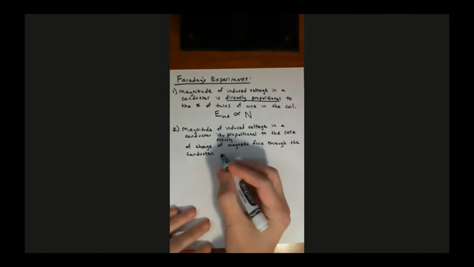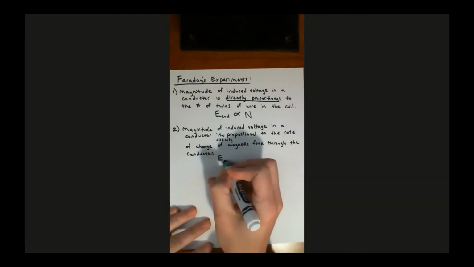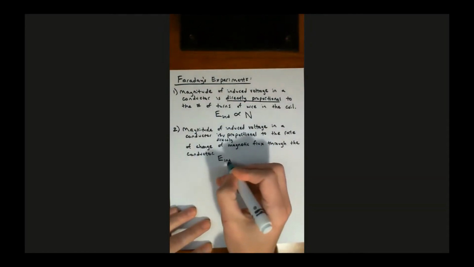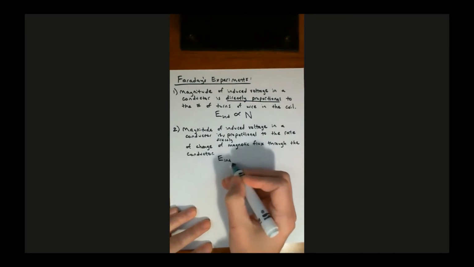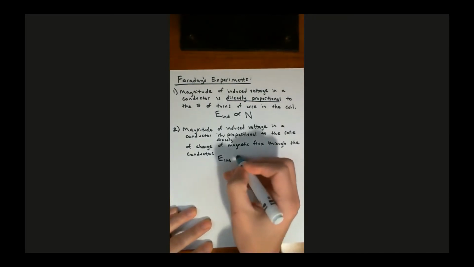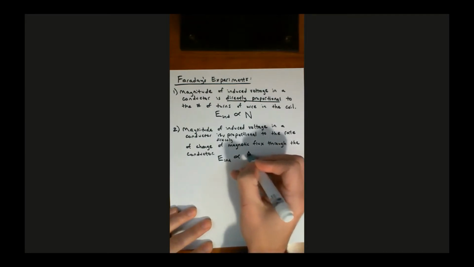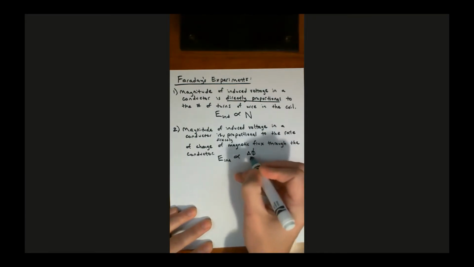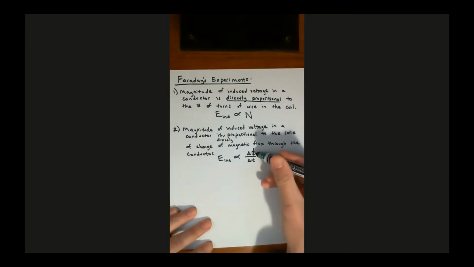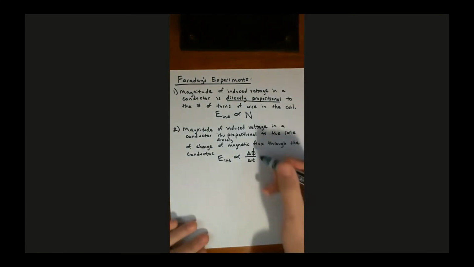We can write that mathematically by saying that the induced voltage, E sub IND, is proportional to the change in magnetic flux per unit time. This would be in Webers and this would be in seconds typically. So a rate of change of magnetic flux in Webers per second.